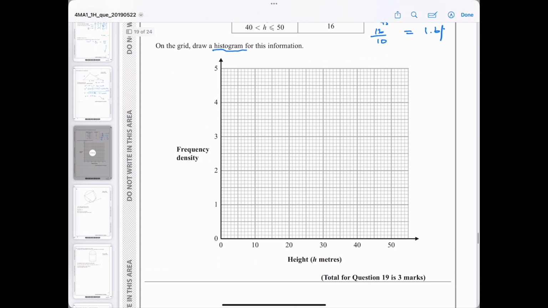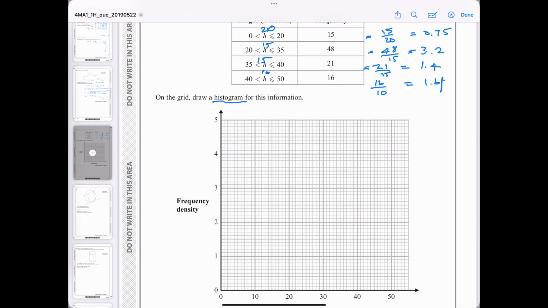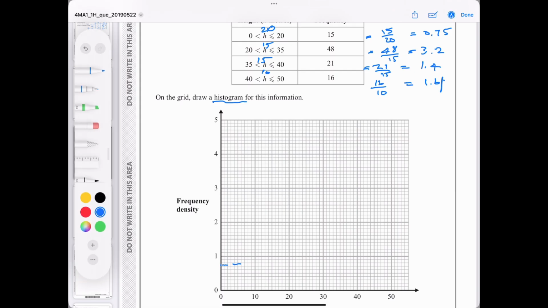So for our frequency density, we take 0 to 20 and make that up to 0.75. If you think about it, 20 times 0.75 gives us the frequency. Then we do 20 to 35, which goes all the way to 3.2.